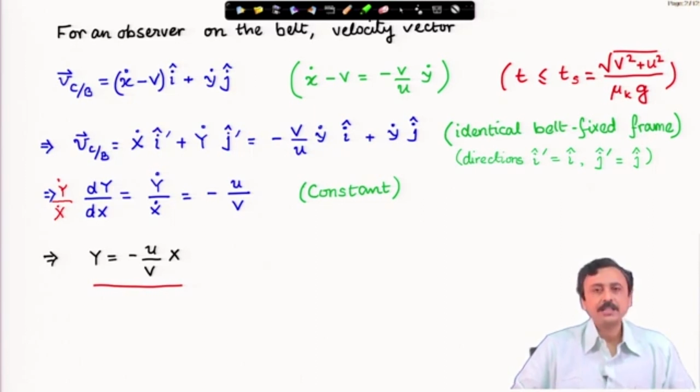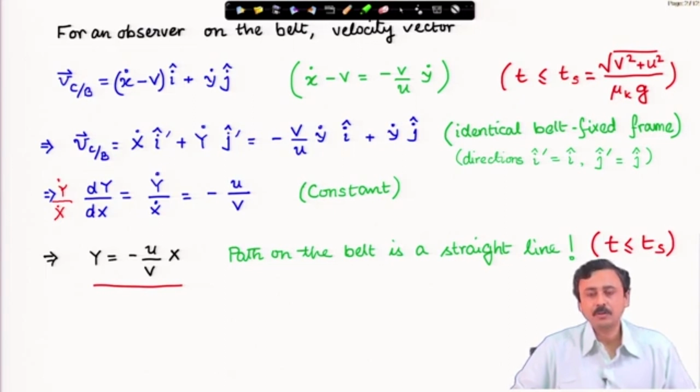This tells us, surprisingly, that the coordinates of the cylinder as seen by the belt-based observer form a straight line with constant slope. It is a line, right. Therefore, if this cylinder were painted, it would leave a line on the belt.